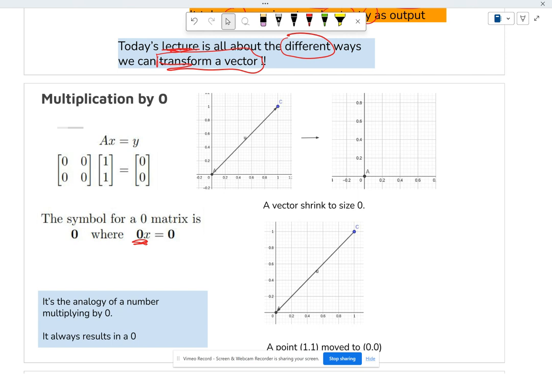Basically, if you have a vector, you make it just a dot; the vector length is zero. Or if you start from a point, 1, 1, 1, what's happening is you're moving it to the center, which is 0, 0, 0. Those are ways of interpreting what's happening when you multiply by zero. So this is a zero matrix.